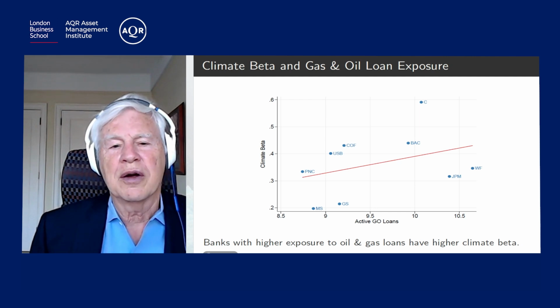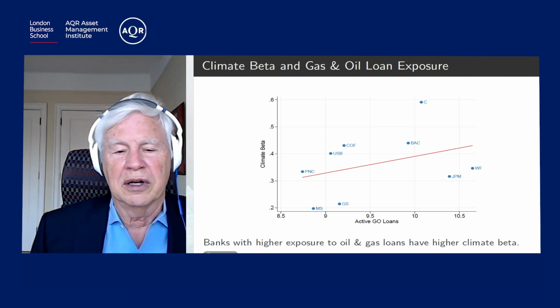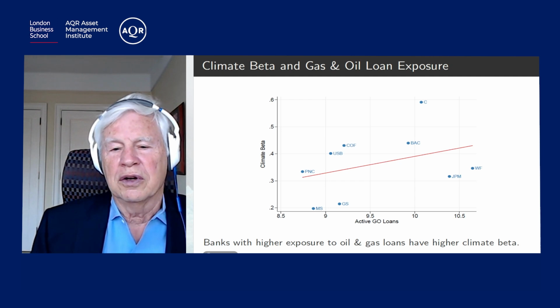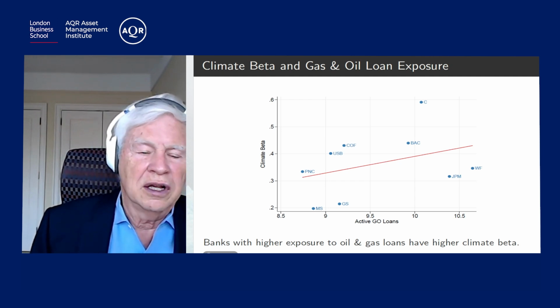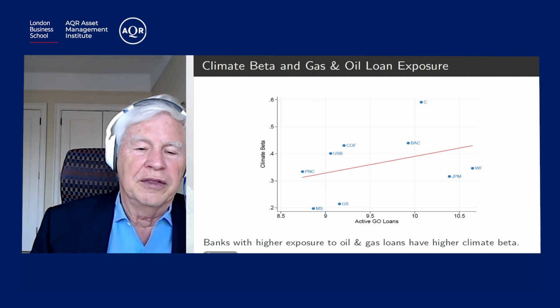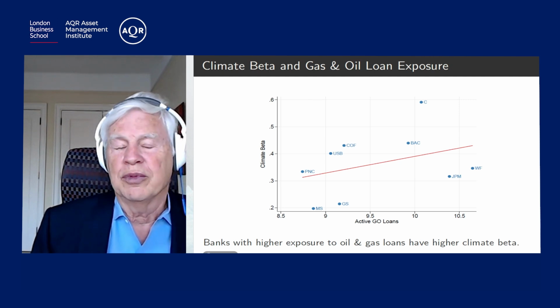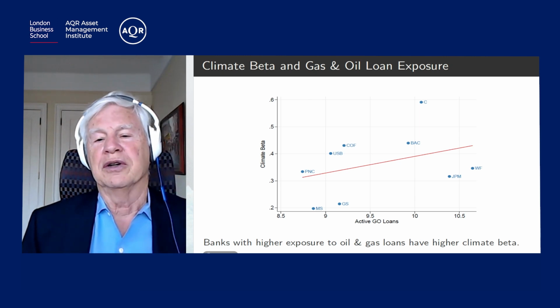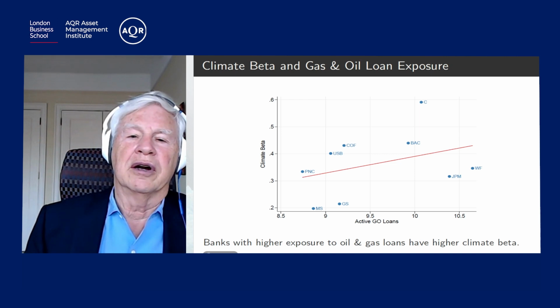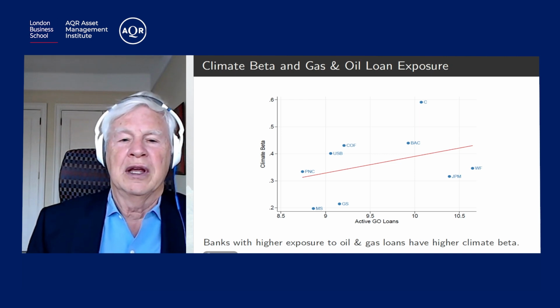So this is a little corroboration of the way we've actually measured this. We're in the process of getting much more granular data on the bank holdings, and this is supervisory data, so it's not in the public domain, but should give us a better way of actually corroborating our statistical estimates.